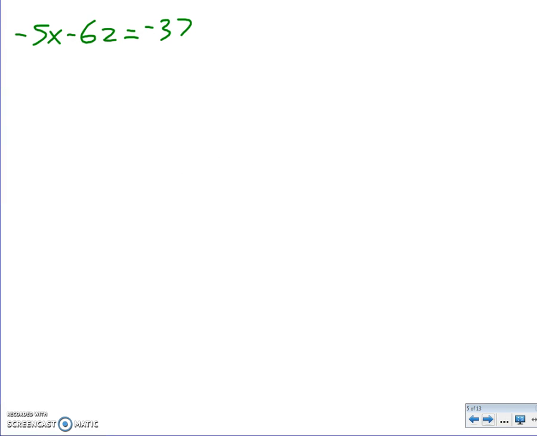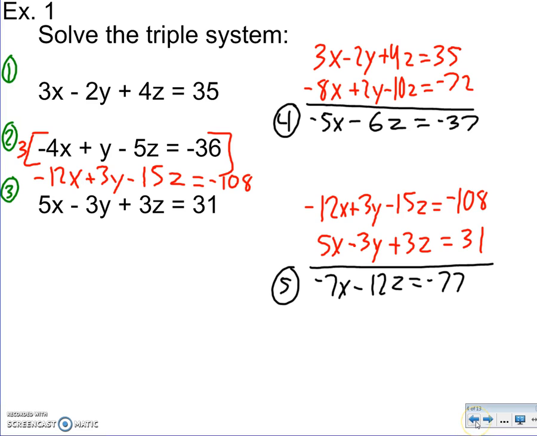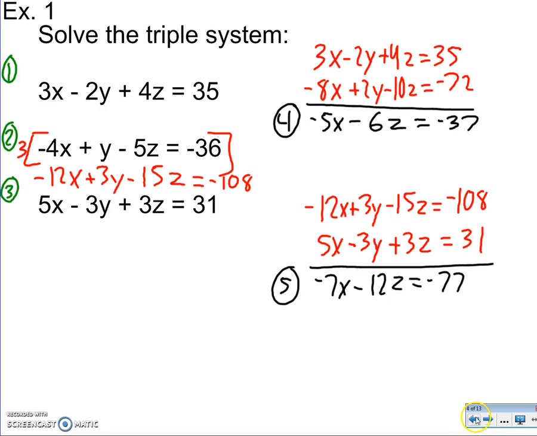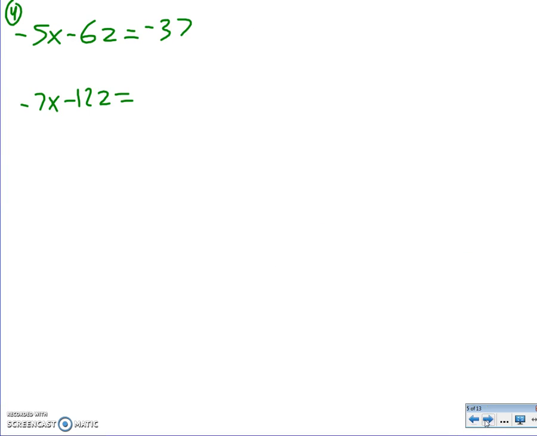And equation 5 was negative 7x minus 12z equals negative 77. That's equation 5.